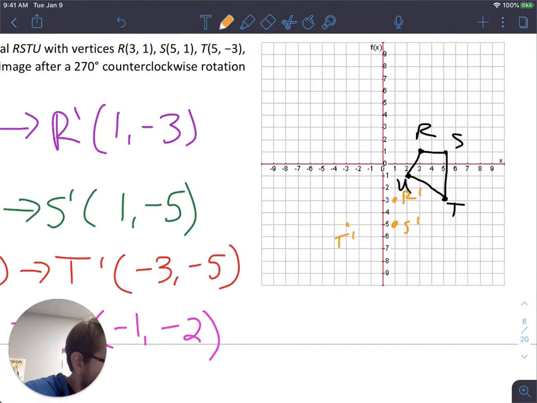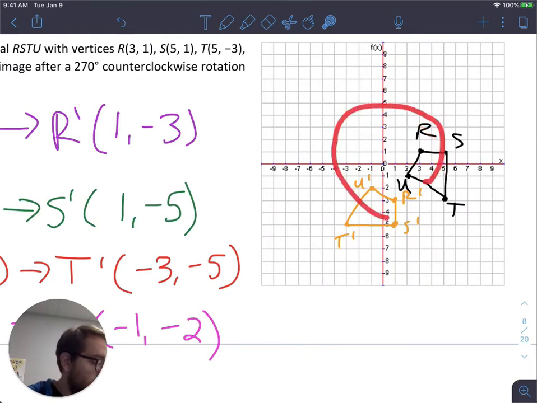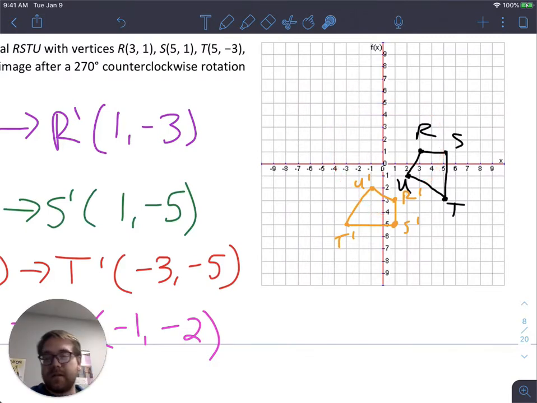T prime, and U prime is at -1, -2. And so there is our rotated figure, 270 degrees. And so what it's done, it's rotated 270 degrees counterclockwise. So it goes here, and then up here, and then down here, as it rotates about the origin.